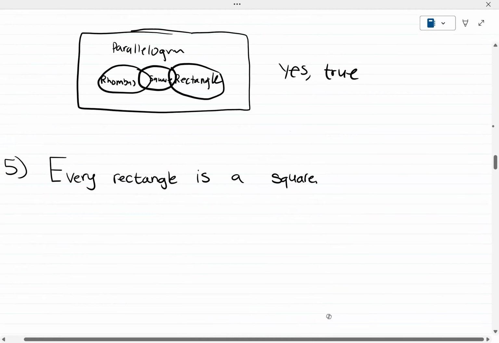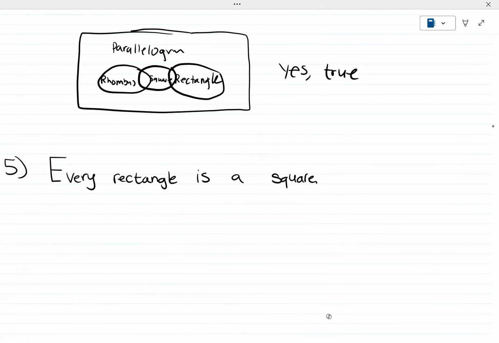What about question five? Every rectangle is a square? No. I think that would be false. And the reason why is every square is a rectangle, but not every rectangle is a square.